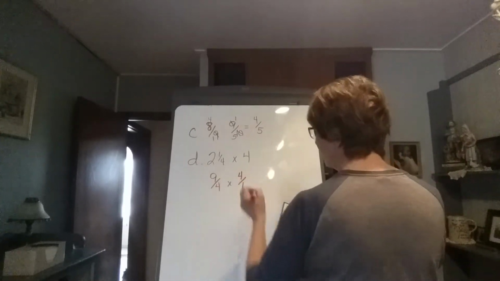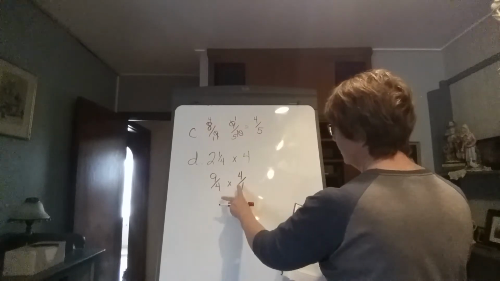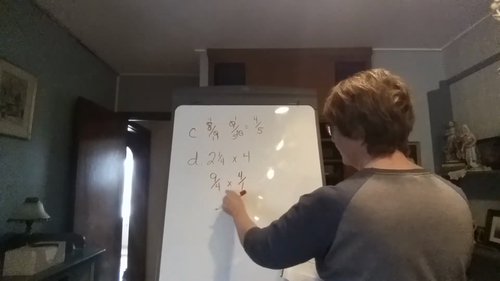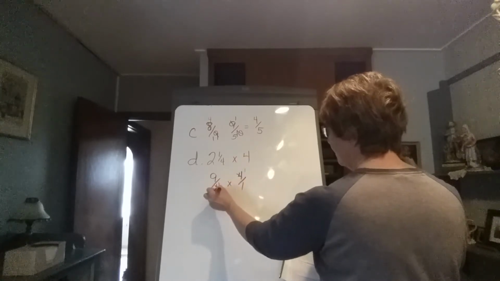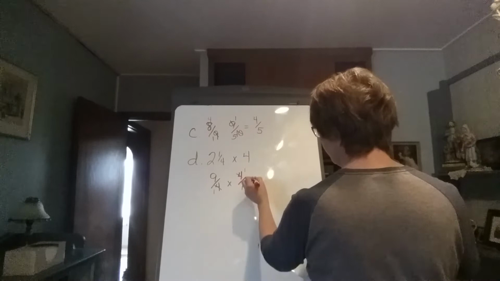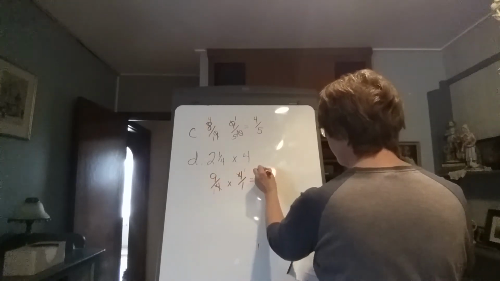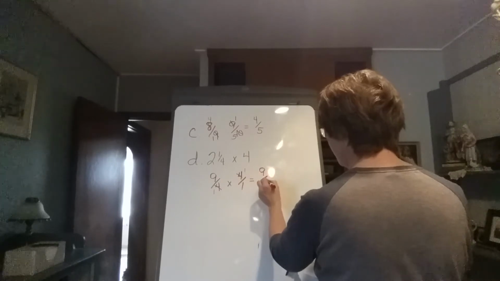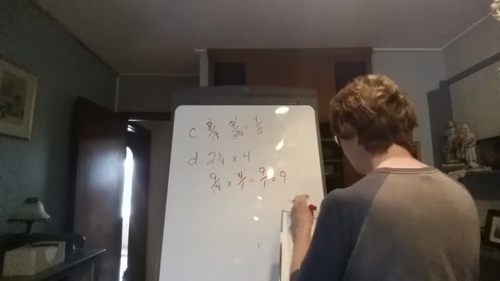You can do the dot if you want. They kind of flip back and forth. So notice, we can cancel out the 2 4s. 9 and 1 really have nothing. You can't do anything with that. So then we multiply. 9 times 1 and 1 times 1. Of course, we know that 9 over 1 is 9.